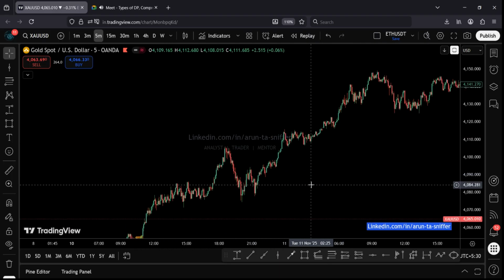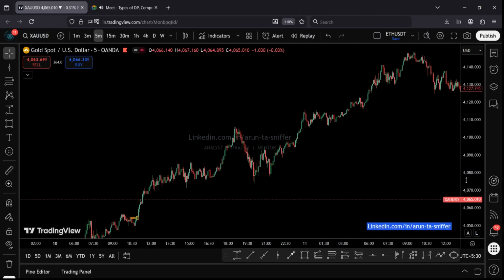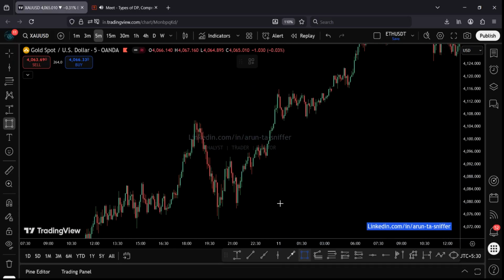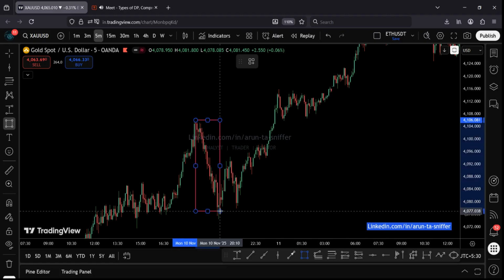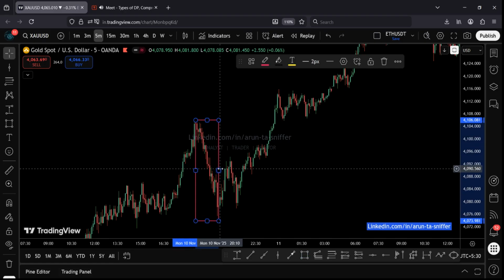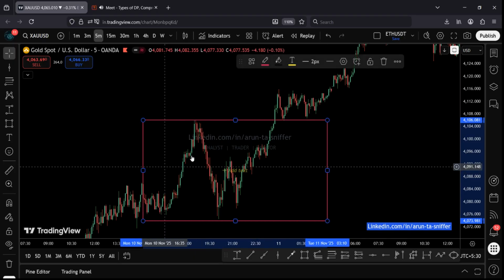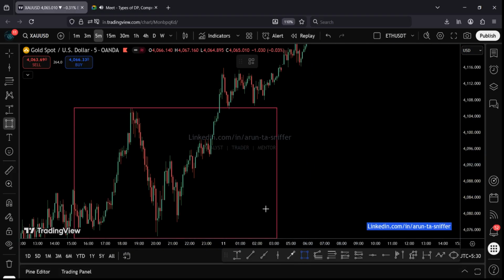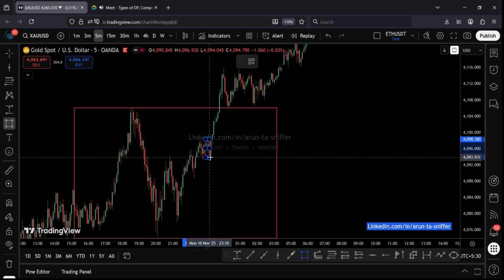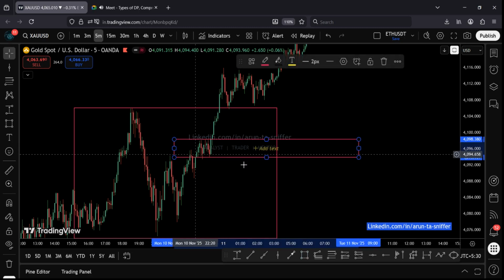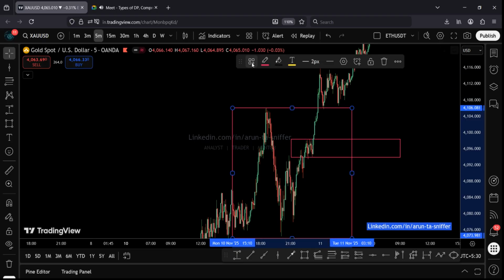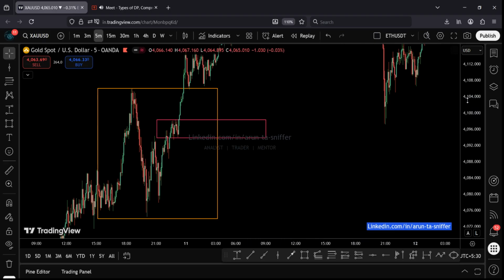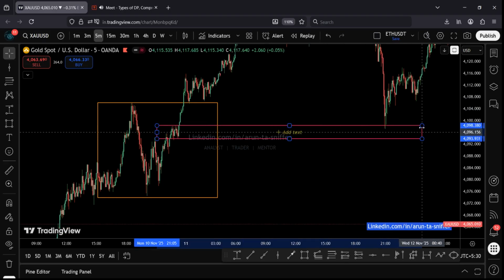Here we have again, focus on this zone. To break this high, the decision was made here. Like this. This is our zone. This is our DP. Price goes here.